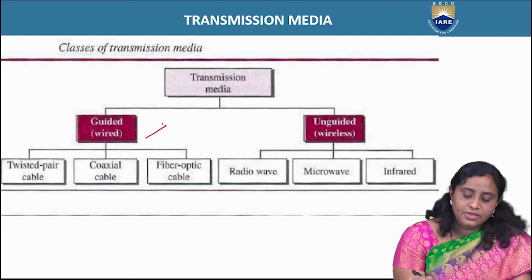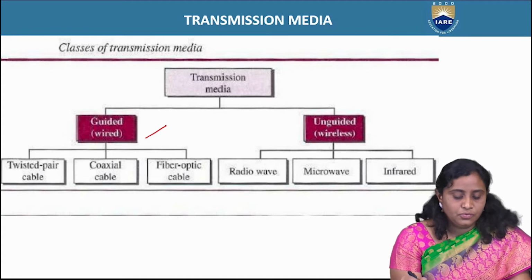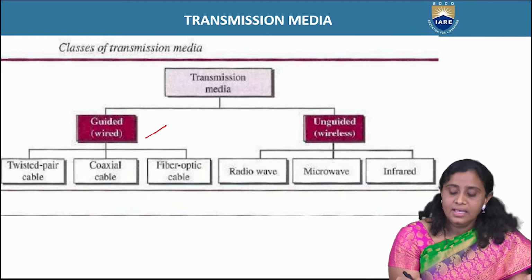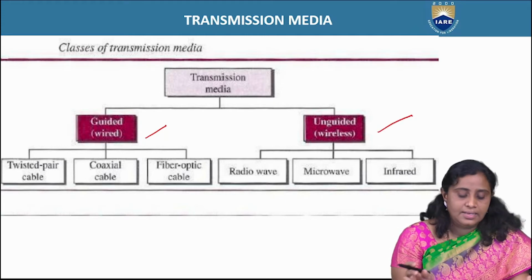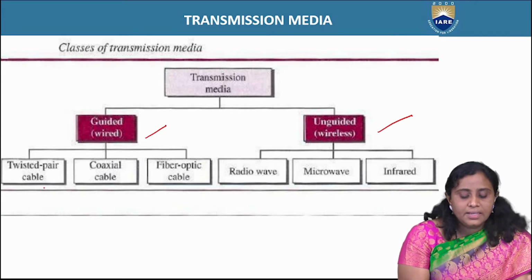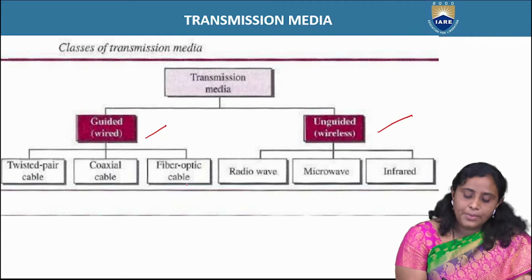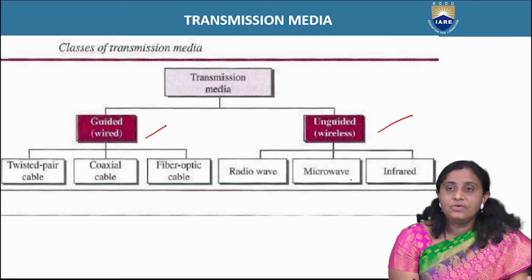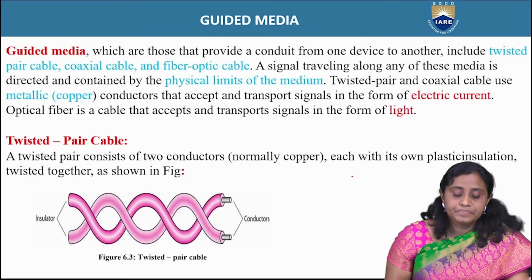The first is guided, which we can also call wired. The second is unguided, which we can also call wireless. The examples for guided media are twisted pair cable, coaxial cable and fiber optic cable. And for unguided: radio wave, microwave and infrared.